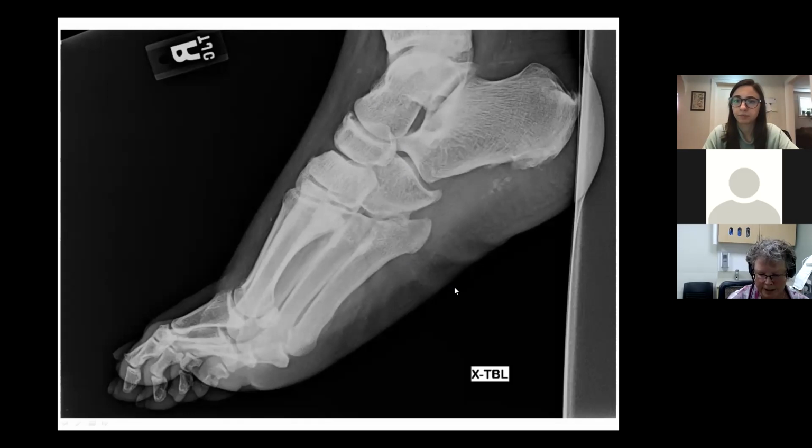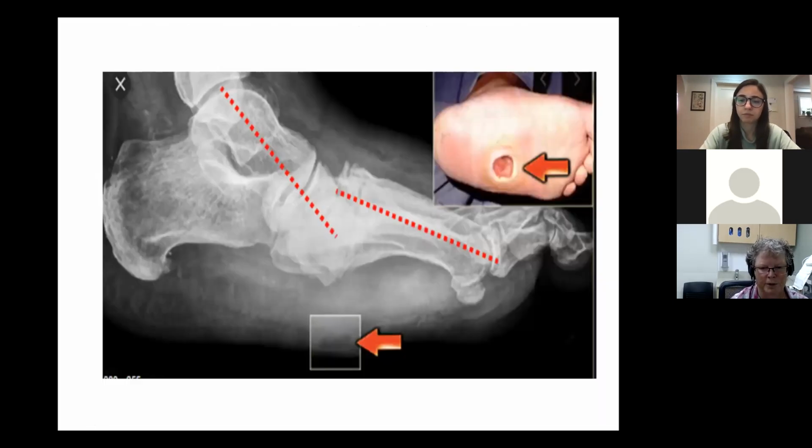If we look at the X-ray of a Charcot foot, it looks quite different. The head of the talus, if we bisect the neck and the head of the talus, is no longer parallel with the bisection of the first metatarsal bone. There's a collapse; the navicular has collapsed.